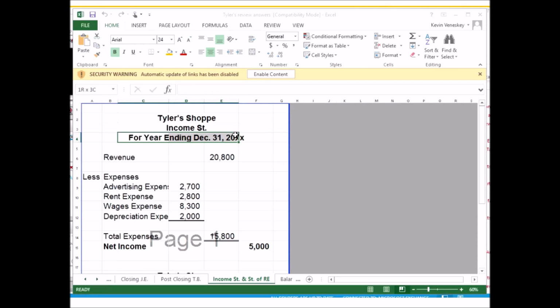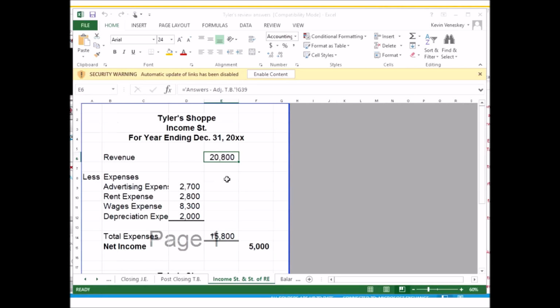You'll notice for this one and the next one we're going to do, they say for the year ending, or period ending, or they could say as of. But that's to say it's just for this current year that we're talking about, just for 2015. So my revenue is not going to include 2014 amounts, or 2013. It starts over every year.